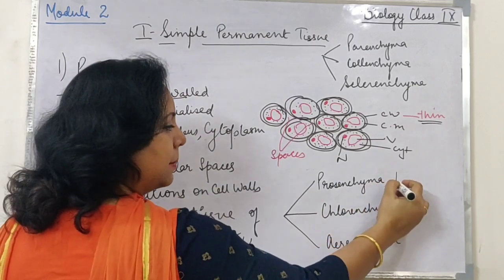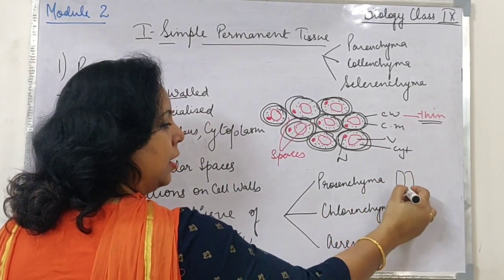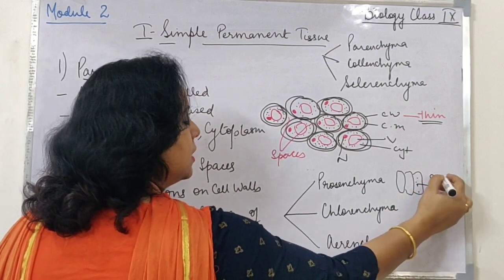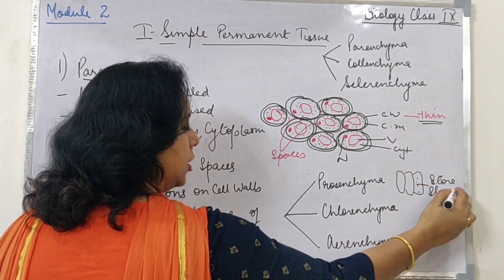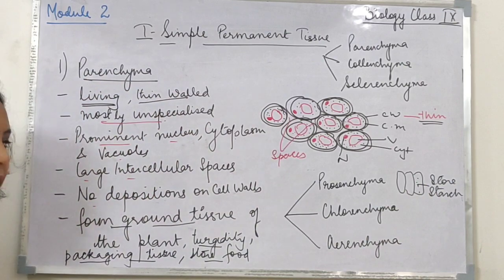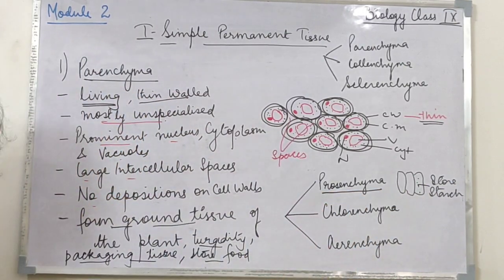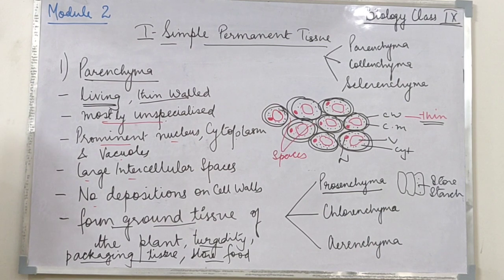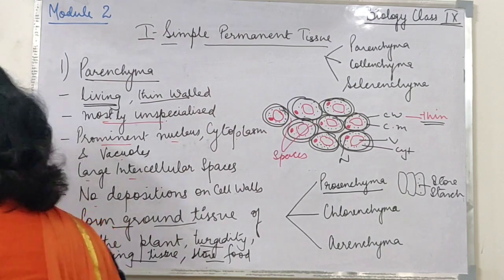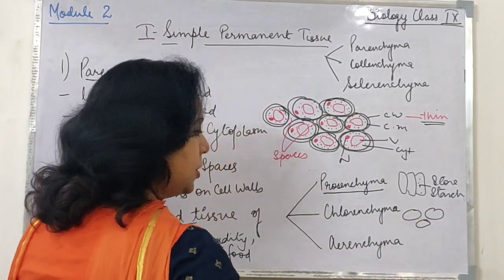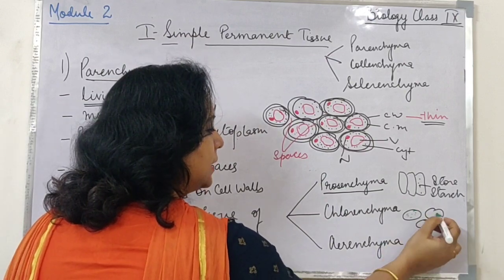Sometimes the parenchyma cells are tall and pillar-like, and they store starch. They are starch storing cells. In them, we call these parenchyma as prosenchyma. Sometimes the parenchyma cells possess chloroplasts.